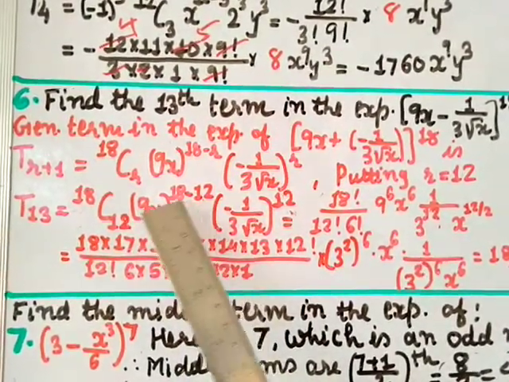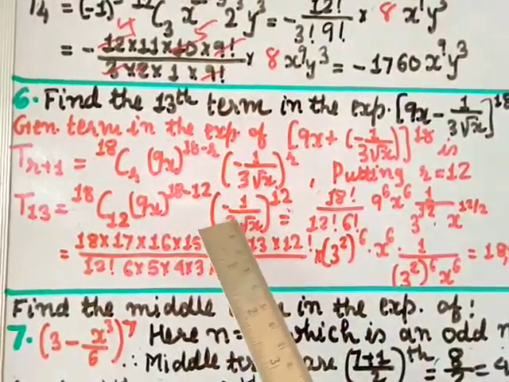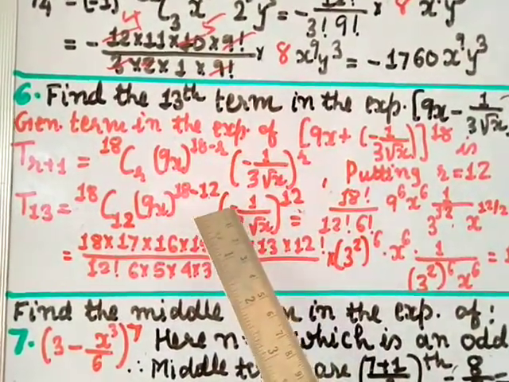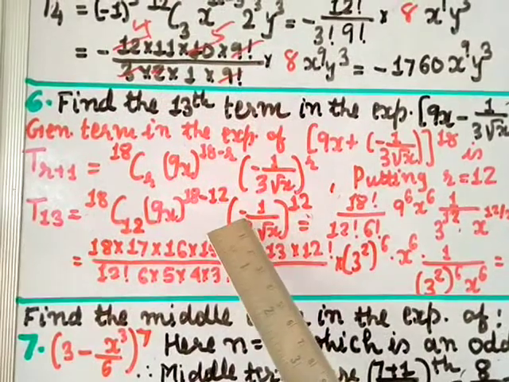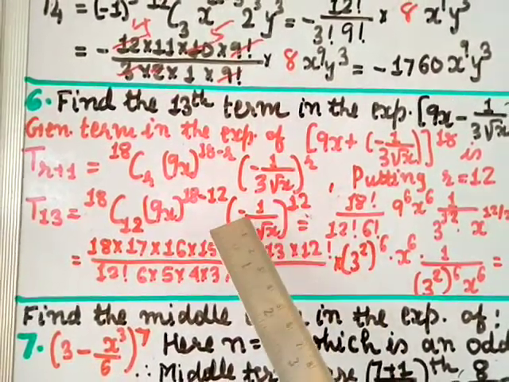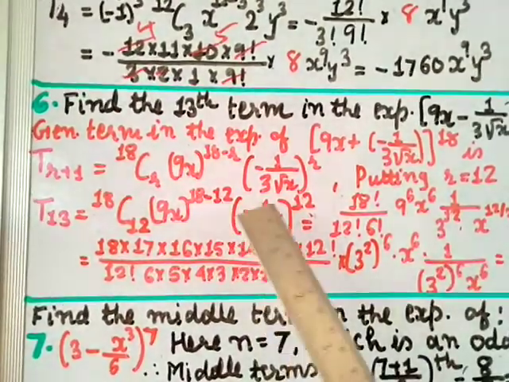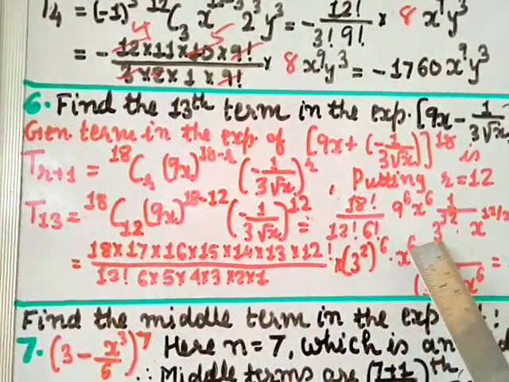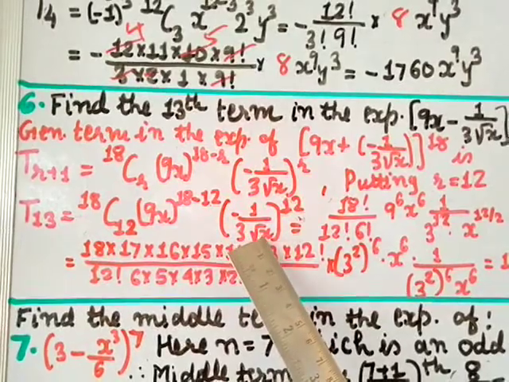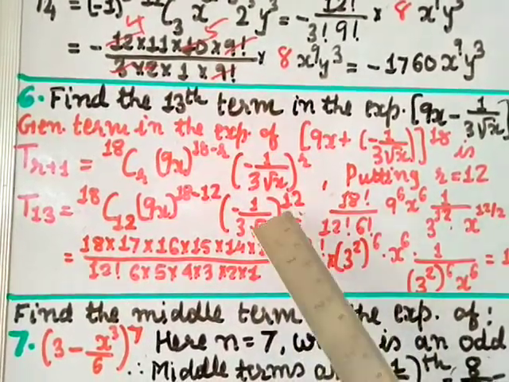Then this minus, since it is an even power, negative will be positive. If there is an even power of a negative number, the answer will be positive. So this negative just cancels out. And this 12 power will be for 3, so 3 power 12, and this is x root x. So root x can be written as x power 1 by 2, so 12 by 2 I have written here.